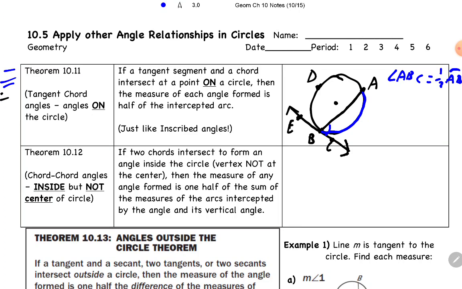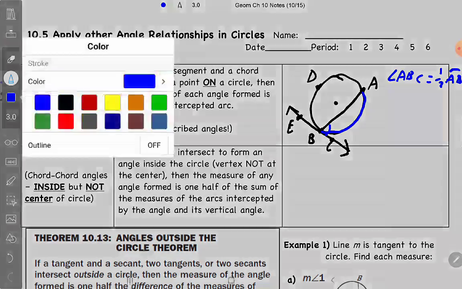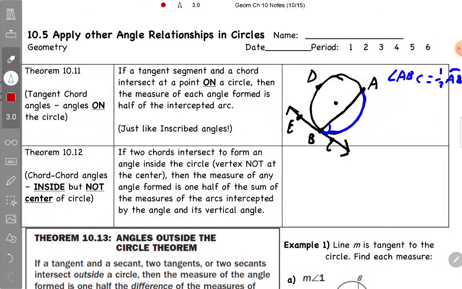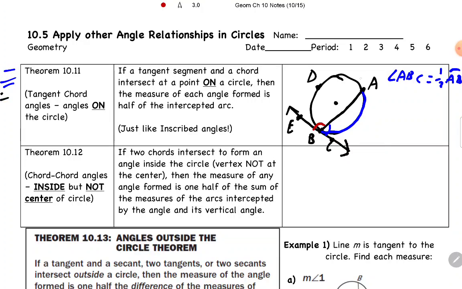All right, and the other piece, ADB. So we're looking at this angle here and this arc here.